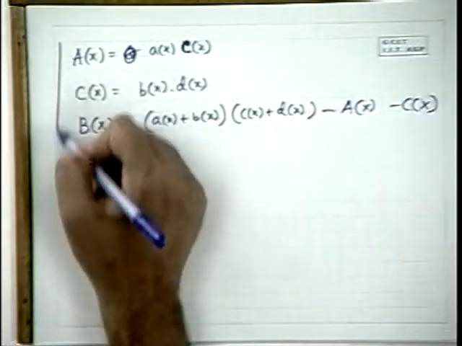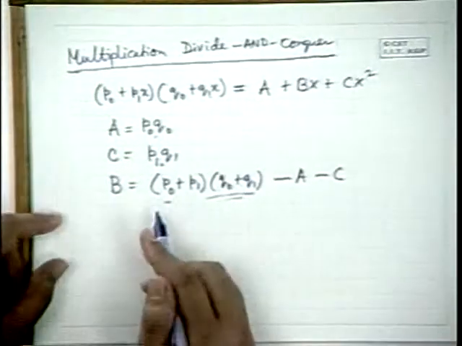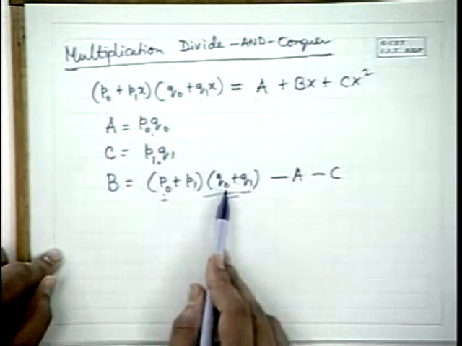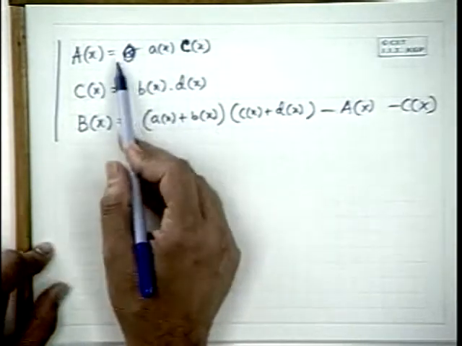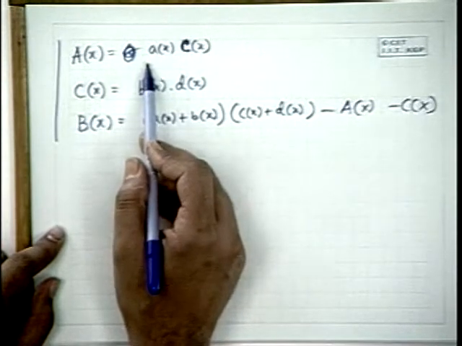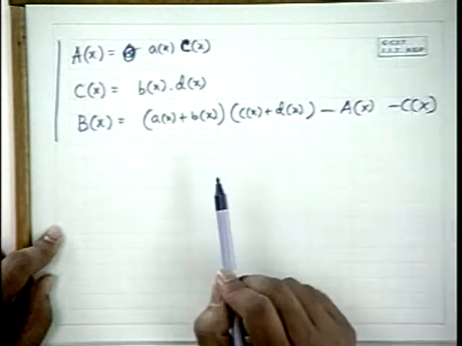See, this is the generalization of what we did for the degree 1 polynomial multiplication. If you go back to the degree 1 polynomial multiplication, let's go back here. What we did, exactly, here the coefficients p0 q0, p1 q1, then p0 plus p1 times q0 plus q1, minus a minus c. That's what we did here also. But this time these are not coefficients, they are polynomials. Ax times cx, bx times dx, then this minus ax minus cx.